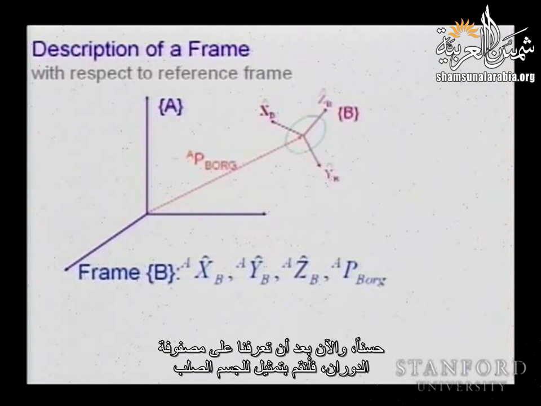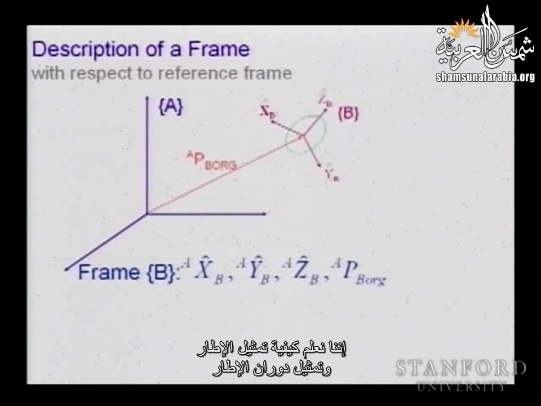Let's build finally this representation for a rigid body. So we know how to represent the frame, the rotation of the frame.